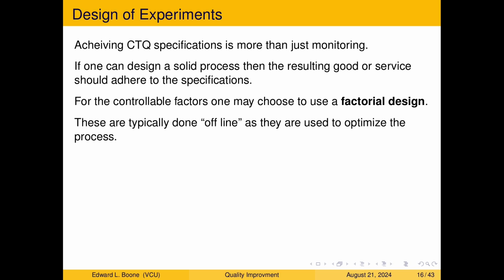But whenever we do design of experiments, they're typically done what's considered offline. That means we're not in the middle of production. We would shut the production down, and then we would focus on a specific part of it and keep changing it until we can optimize our parameters. And we'll talk more about that later.